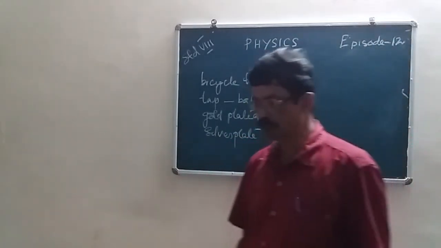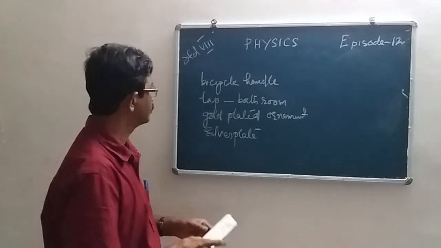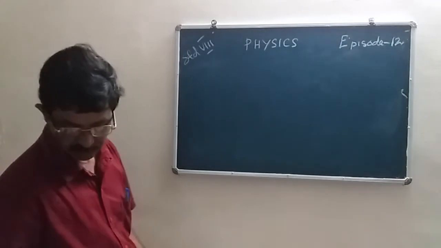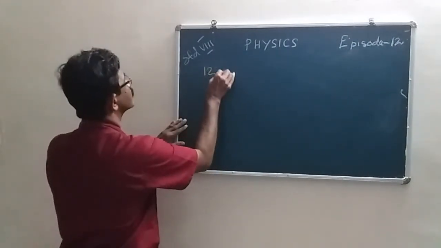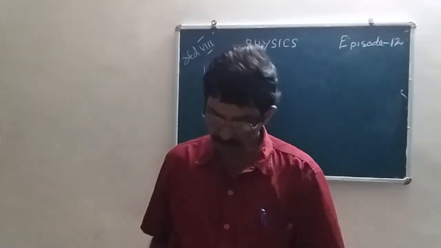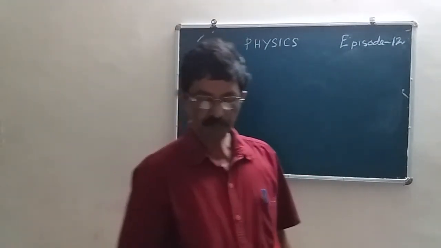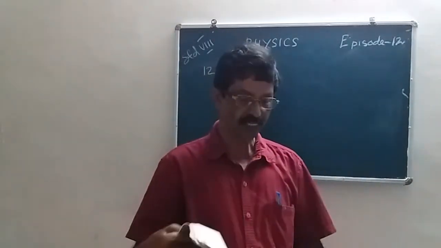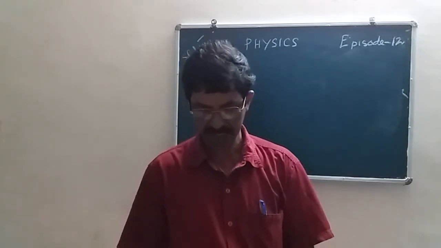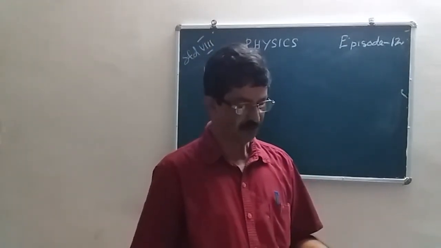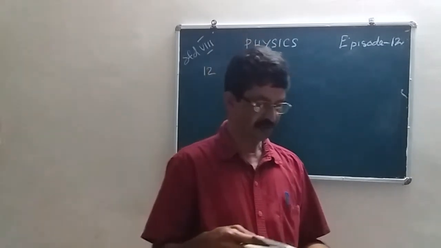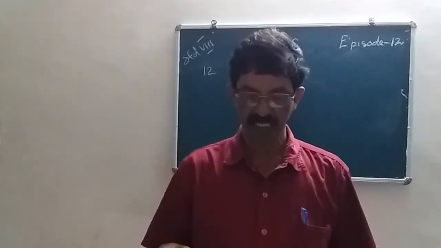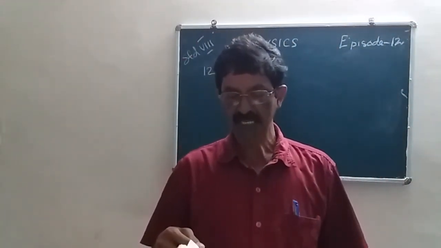Now next question, question number 12. The process that you saw in activity 14.7. See activity 14.7. That means copper sulfate with electroplating. That means copper plate, copper sulfate solution.